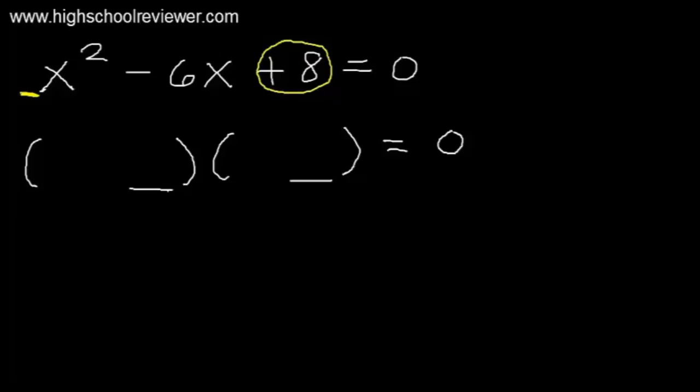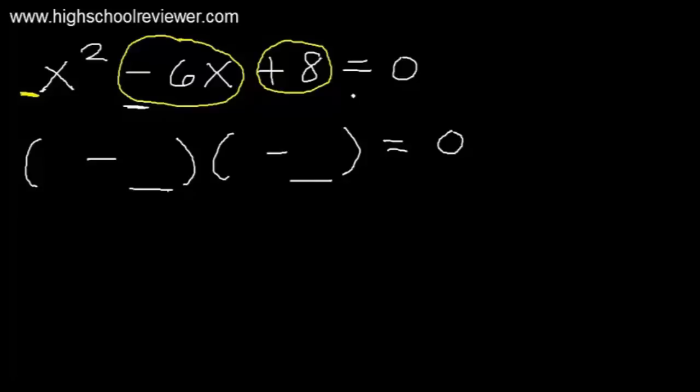And then make sure that these two numbers will give us a sum of negative 6x or negative 6. Okay, so let us think of those two numbers. Now, since this is negative, the two numbers must also be negative. So let us put here their sign, negative, negative.